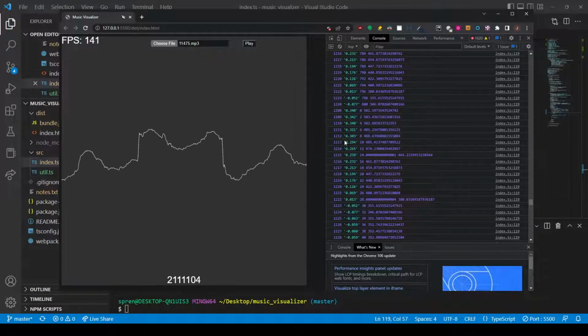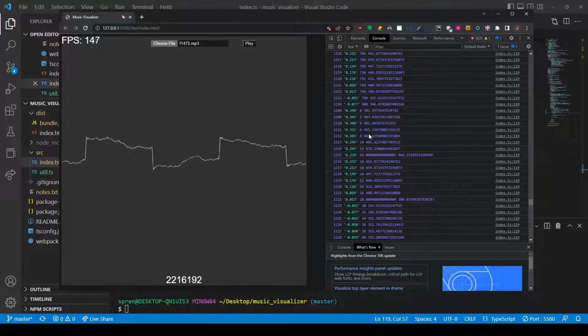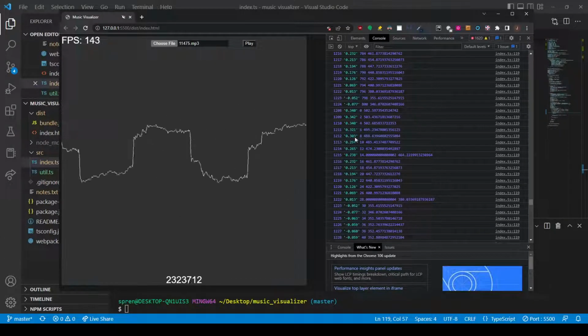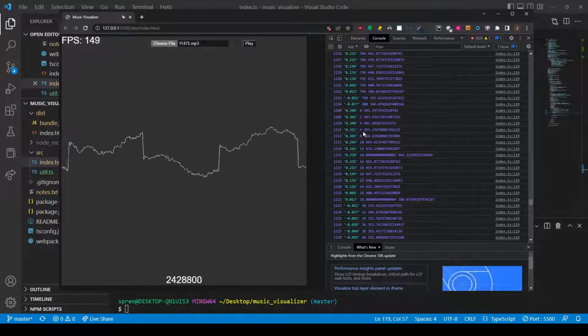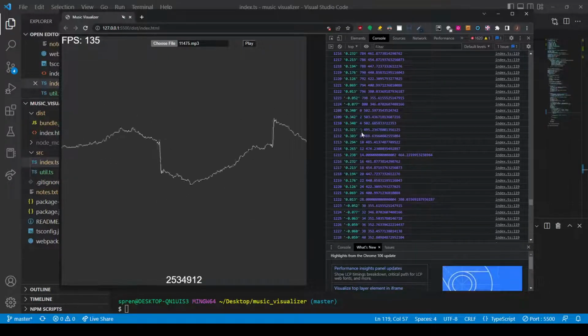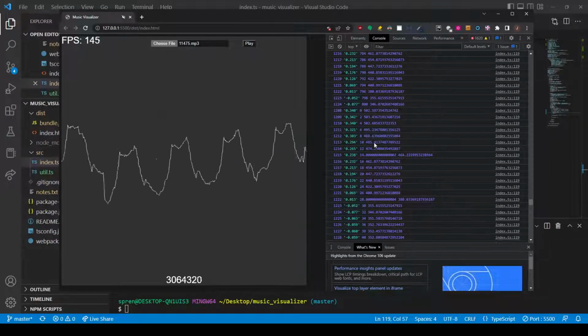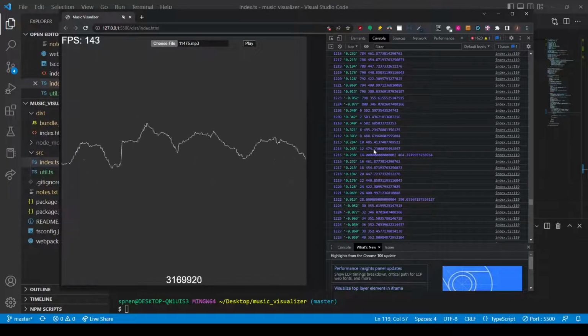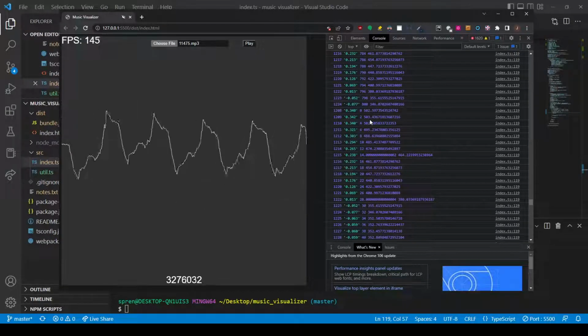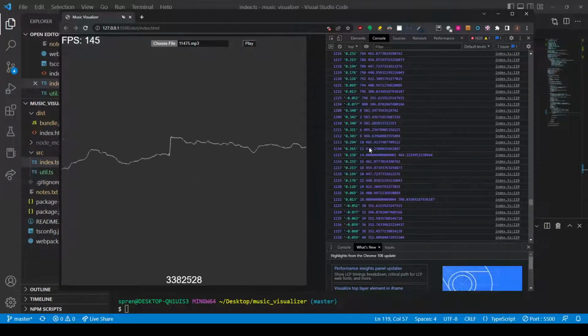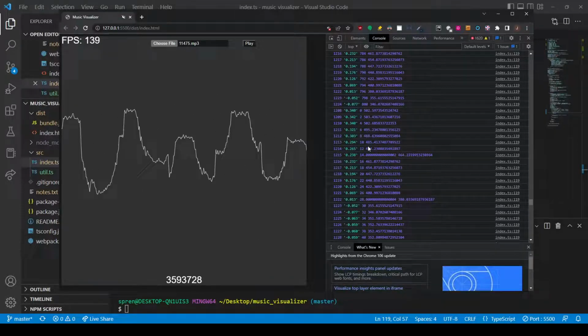Now, is that actually the number we expect? Well, we could just compare these two, right? This is a higher number, and it has a higher Y value. And this is a lower sample, with a lower Y value. Yeah, it seems like it's working correctly. I was very worried that it would have reversed the Y, but no, this seems totally correct.